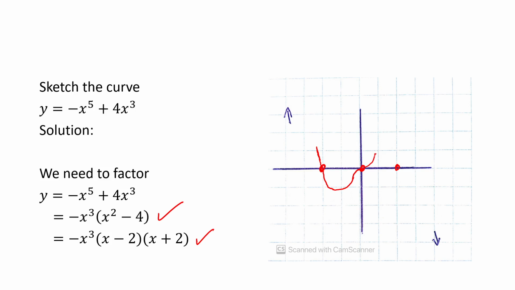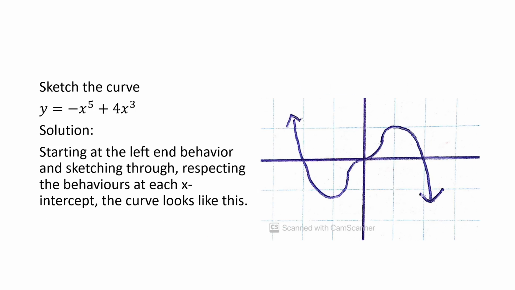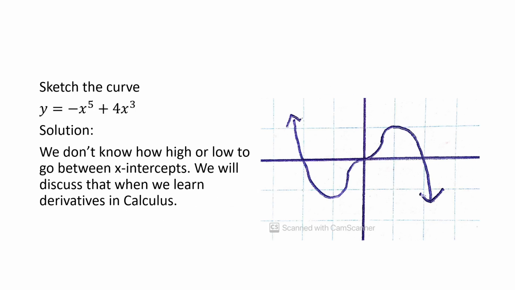Then, coming out of that point of inflection, I see that my x-intercept at x equals positive 2 is degree 1. So there's just a degree 1 x-intercept there, so that's pretty easy to draw. And I'll get a curve that looks something like that. And there we go. Okay? We don't know how high or low to go. We'll learn that in calculus.